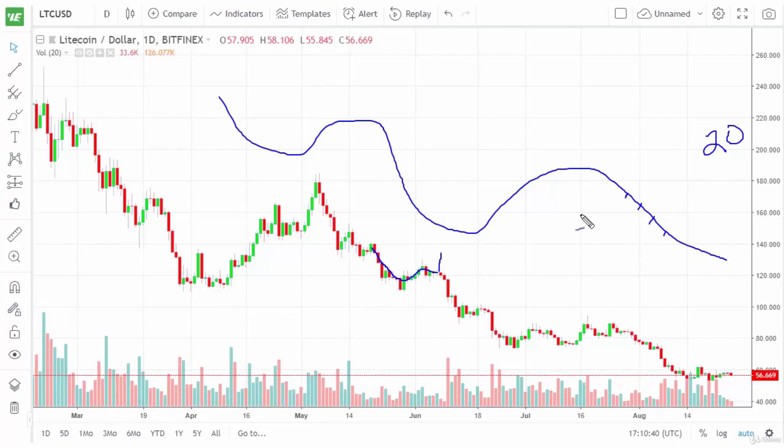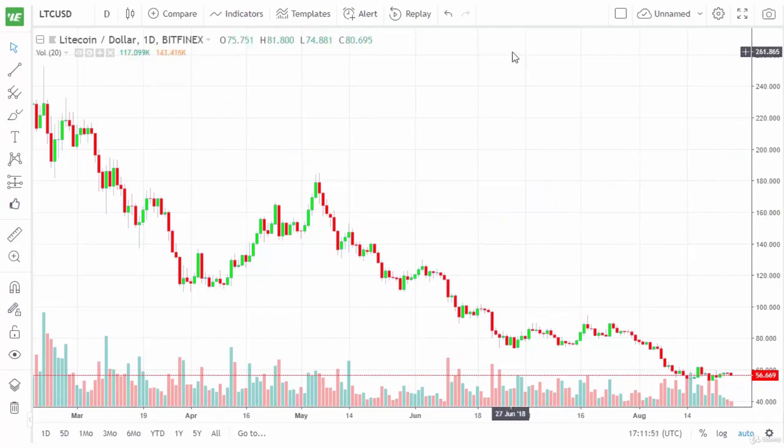It just makes it react a little bit quicker than a simple average, which would just be the average of all 20 of them, with each candle being equal weight. And really, what moving averages do is they just give you an idea as to the overall attitude of the market. So for this example, I'm going to use a Litecoin daily chart.